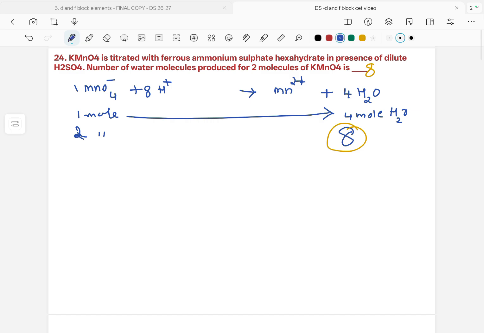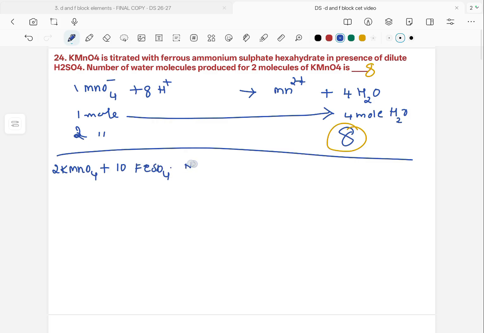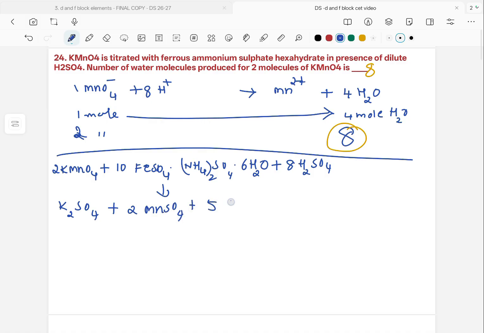Now how do we solve the other way? Balanced equation: 2 moles of KMnO4 on reacting with 10 moles of FAS, that is FeSO4 (NH4)2SO4 6H2O, plus 8 H2SO4 gives rise to K2SO4 plus 2 MnSO4 plus 5 Fe2(SO4)3 plus 10 (NH4)2SO4 plus 68 H2O.